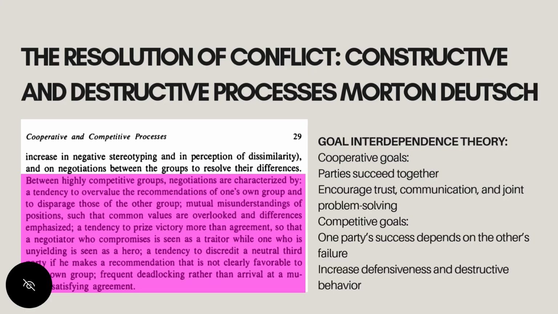And with the cooperative goals, it promotes constructive conflict, prioritizing fairness and inclusivity. And this is so important within government as there's major decision making happening, and social justice conflicts.